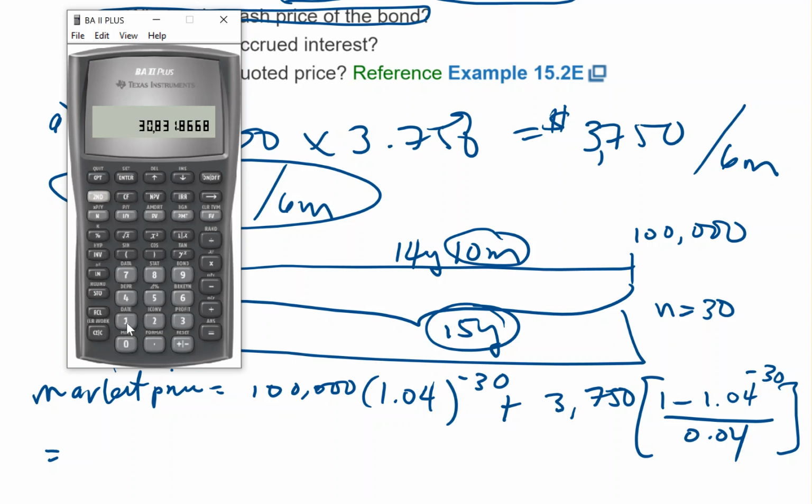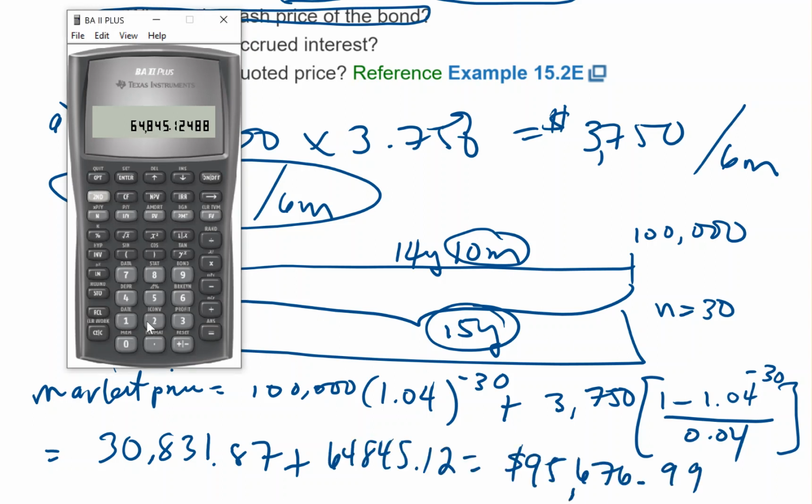Then I compute the present value of this annuity of $3,750 every 6 months for 30 payments: 1.04 exponent 30 negative, change the sign to negative, add 1, divide by 0.04, and times 3,750, and I get 64,845.12.